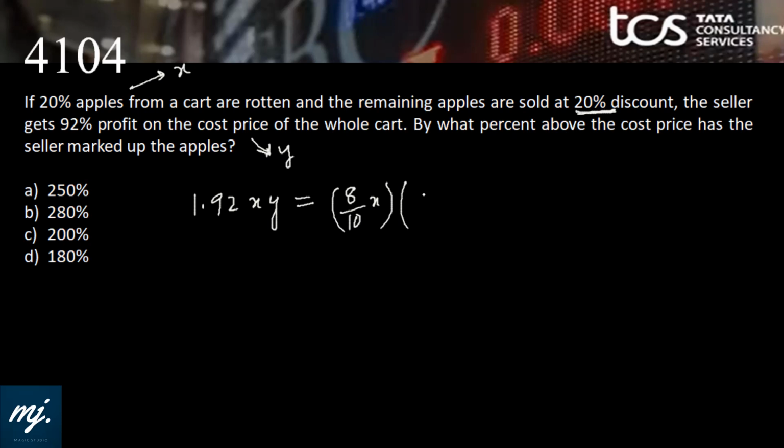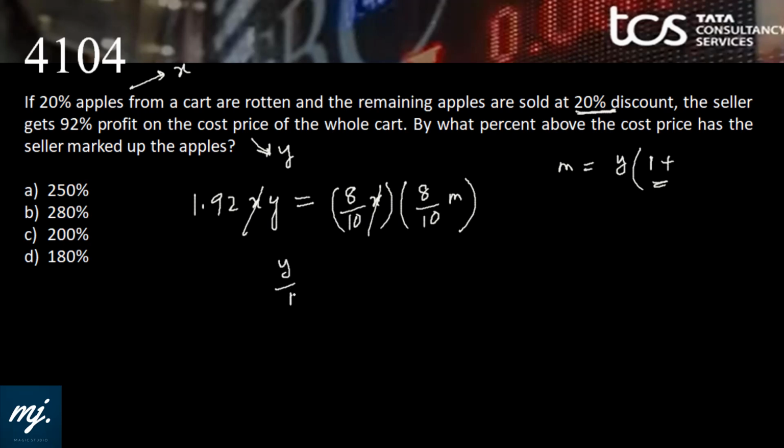So let it be marked price m, at 80%. Okay. And this m is equal to y into 1 plus something, the markup. So let us find the relationship first, 0.8, 0.8.